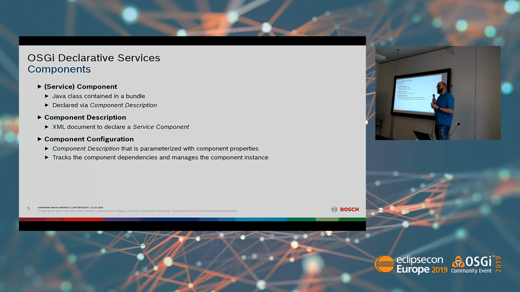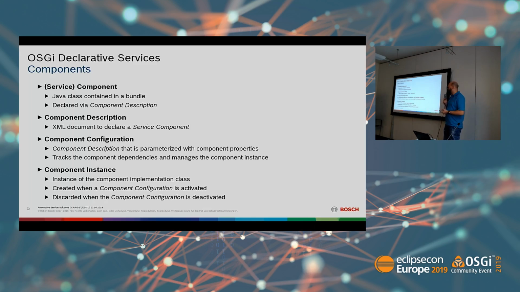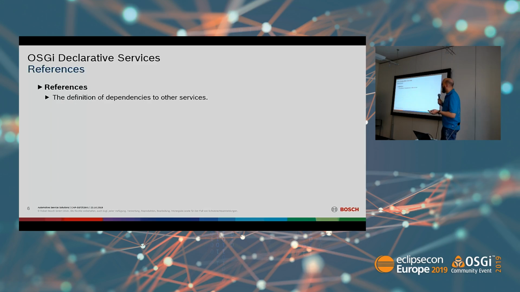And it tracks the dependencies and manages the component instance in the whole runtime. And the component instance, well, yeah, it's the instance of the class, of your component class. It's created when the component configuration is activated. And it's discarded when the configuration is deactivated. So far for the names on the component itself. And then we have references.